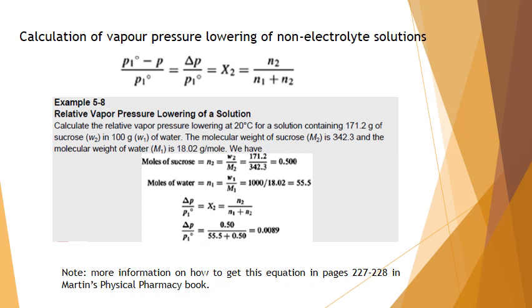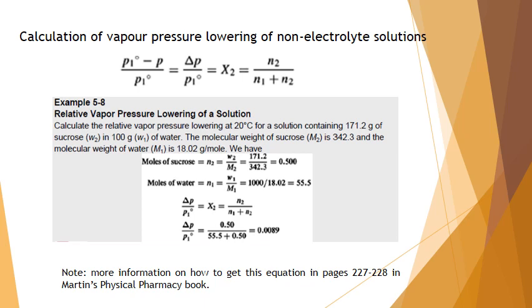That is why this is important: we notice that there is a change in the vapor pressure of the solution compared to the original vapor pressure of the solvent, and that is what we call delta P. In order to see how this is happening and how to calculate the amount of the solute that caused this lowering in vapor pressure, we need to go to the details.